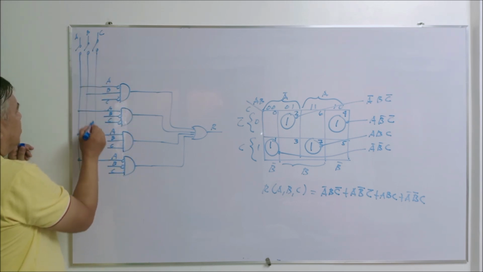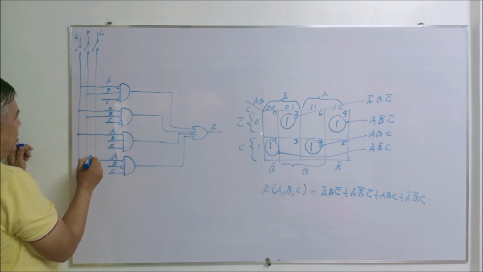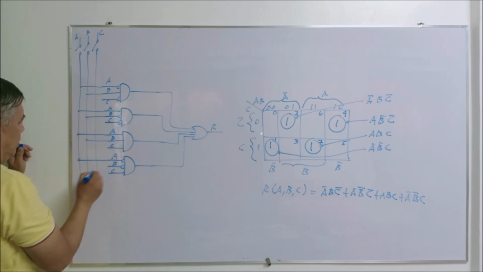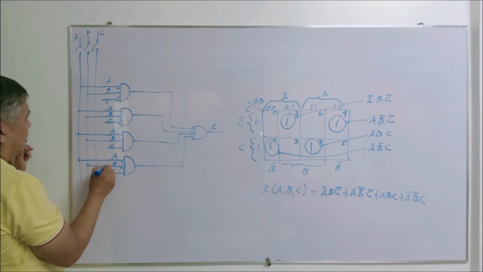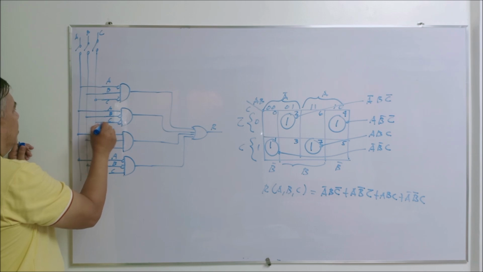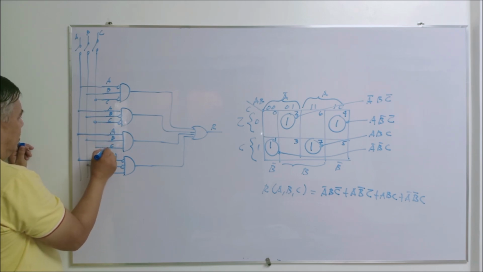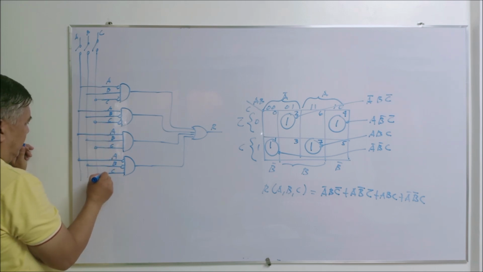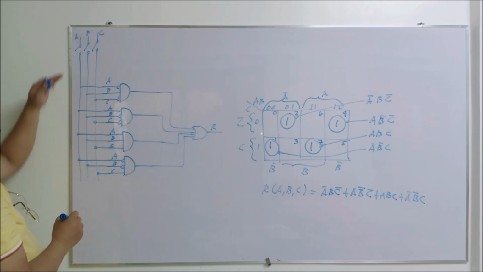Okay, then B, all of the variables B here will have to be connected in this area. So that is B, this one, then C here, okay, so that will be our connection.